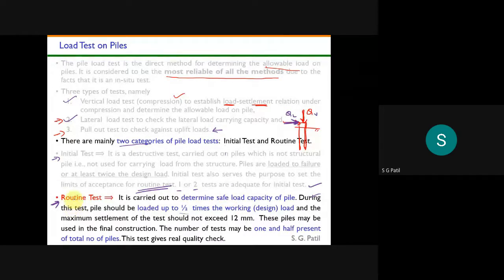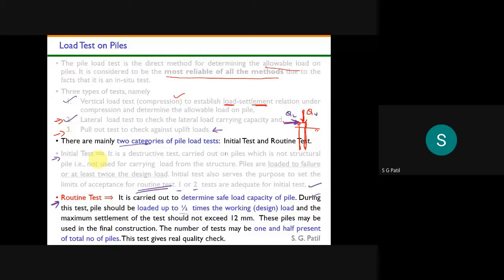Now you understood the difference between the initial test and routine test. I will repeat once again. Initial tests are meant for destructive testing. Destructive test means the load will be applied on that pile until the pile fails, or up to double the design load. Whatever piles you have chosen for the initial test, those are extra piles.